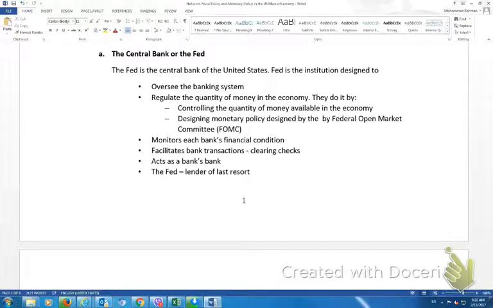One of the less known activities of the Fed, which might be probably their most important role in the financial sector, is that the Fed facilitates bank transactions. They help individual banks to clear checks. Let me give you an example. Imagine that you have a Bank of America account and you are writing a check to your friend who has a Chase Bank account.